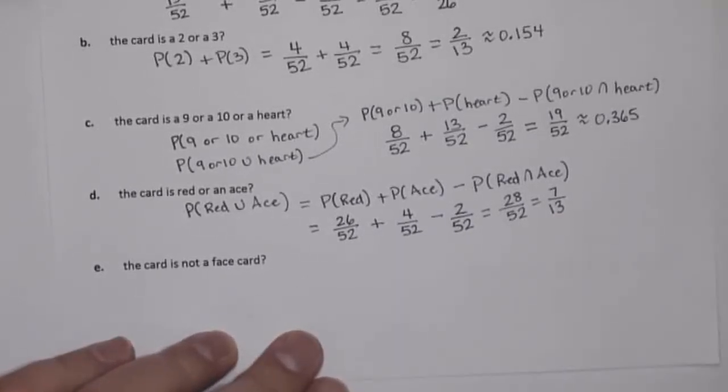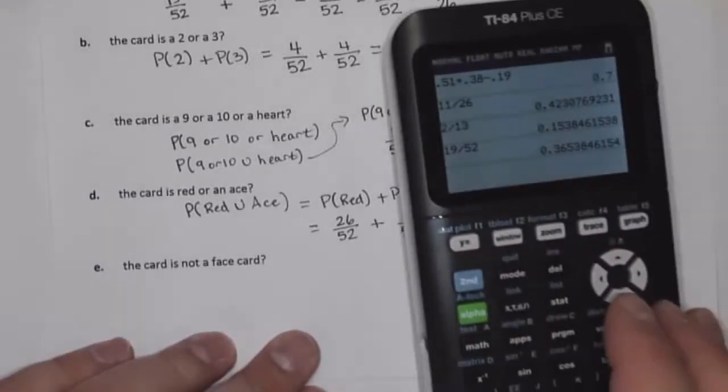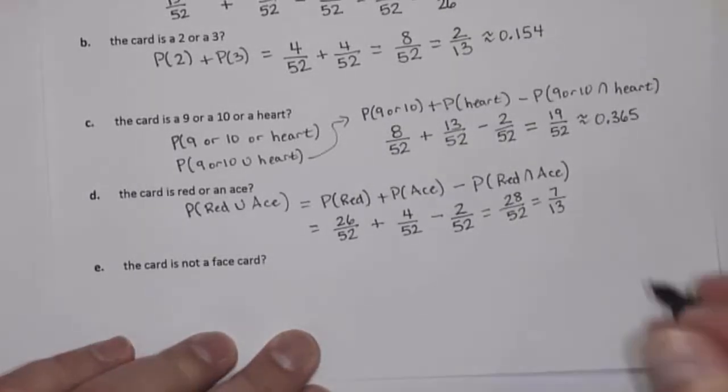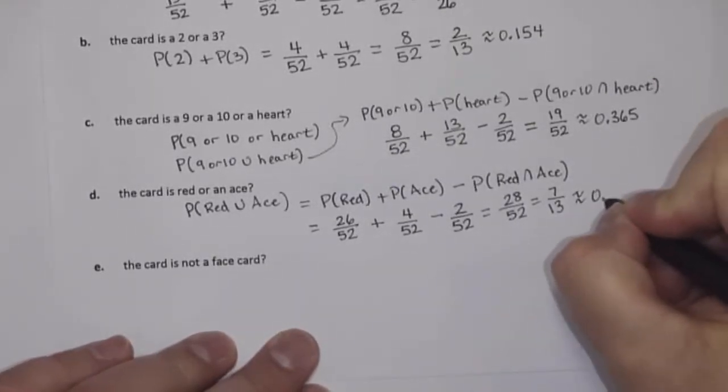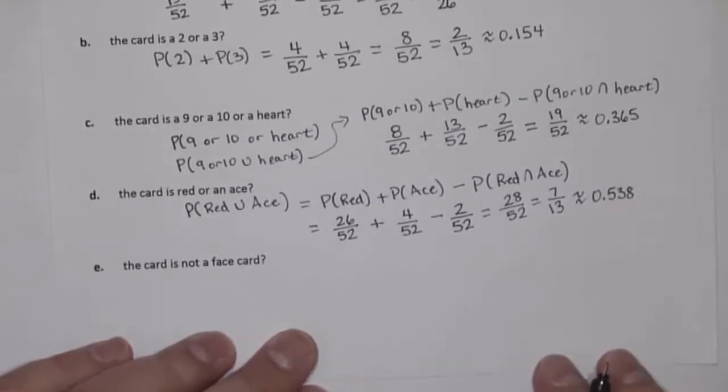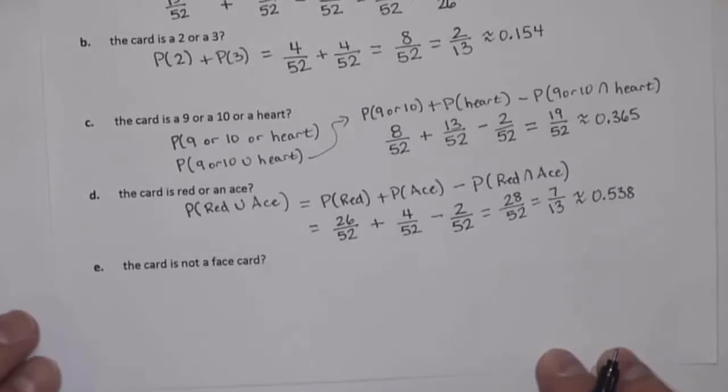So we have a 7/13 probability. Again, if I want that in decimal form, that would be about 0.538. So about a 53.8% chance that the card will be red or an ace.